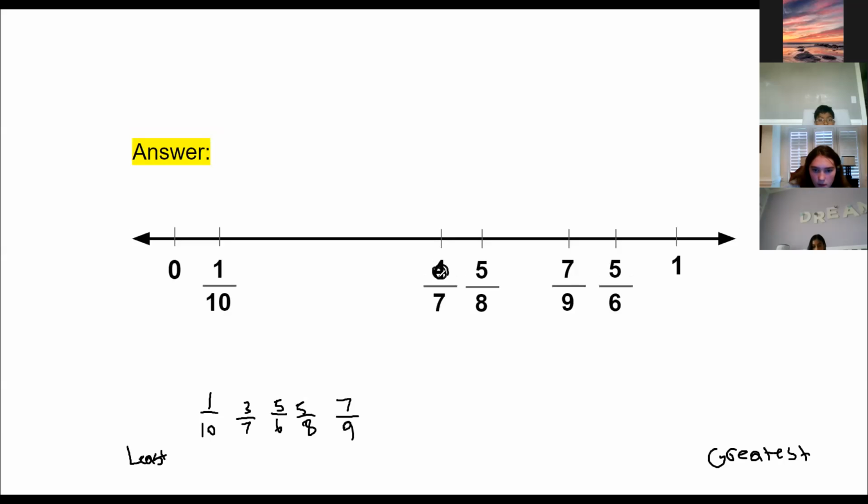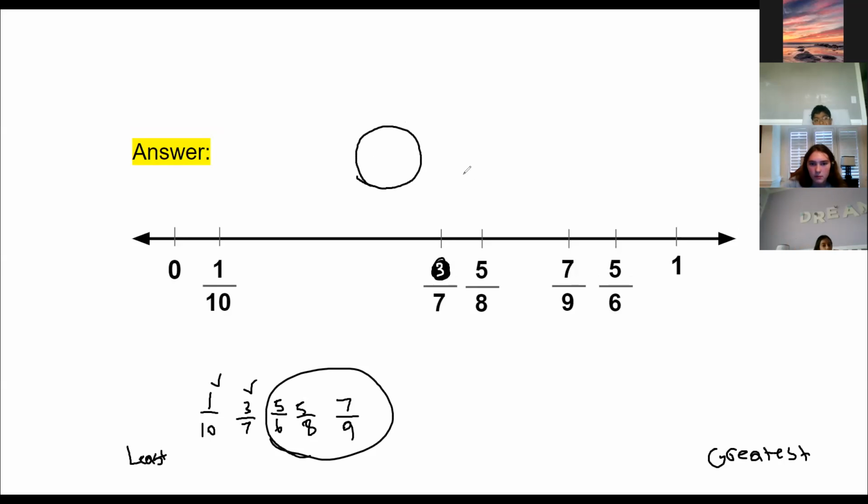Never mind. Okay, so you did get the first 2 right, 1/10 and 3/7. However, these 3 might be different, and I'll explain why. But it's okay, you were close.